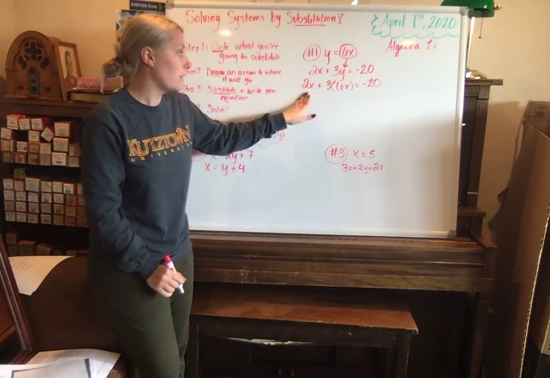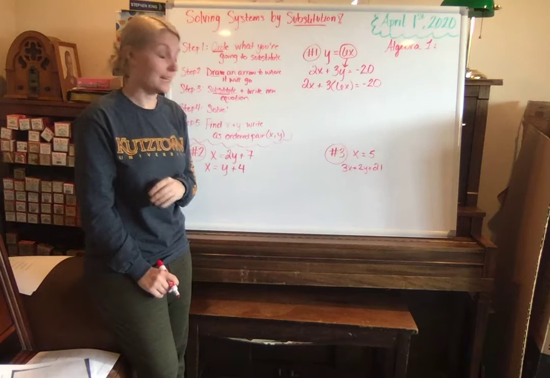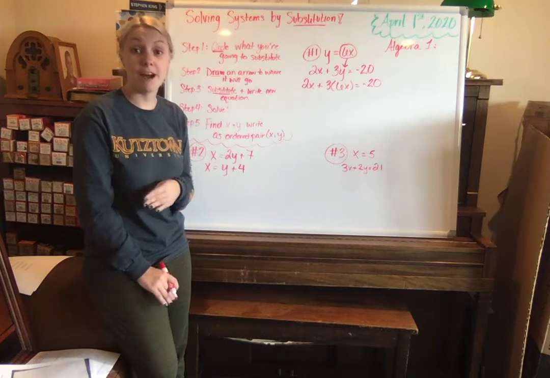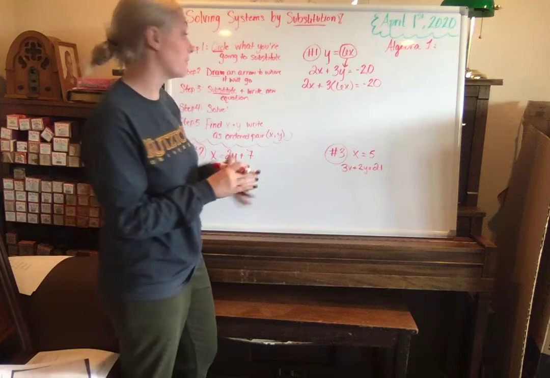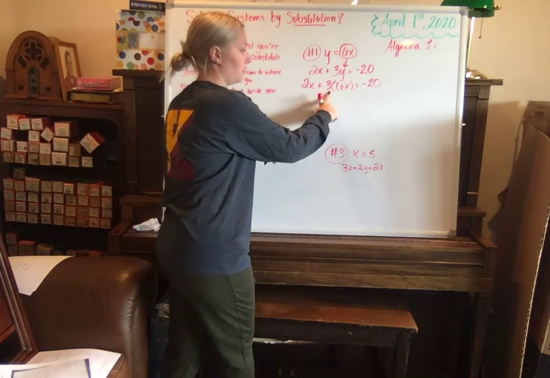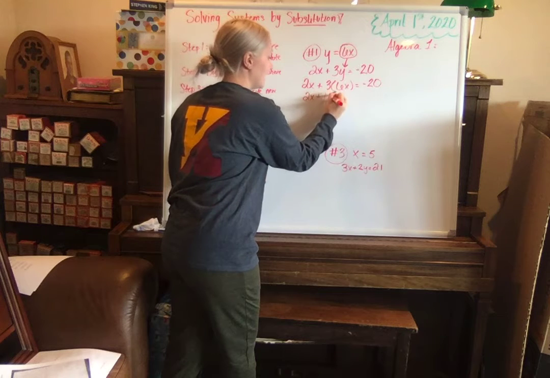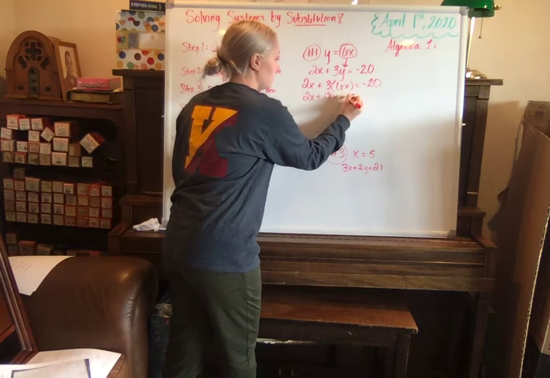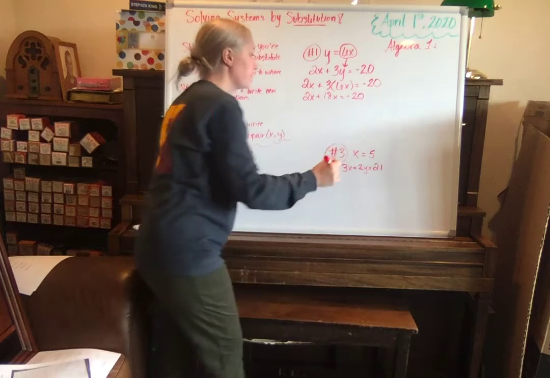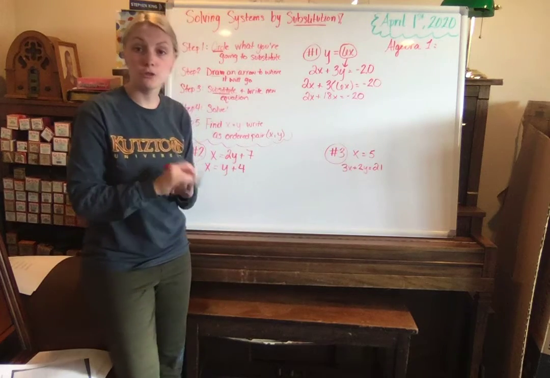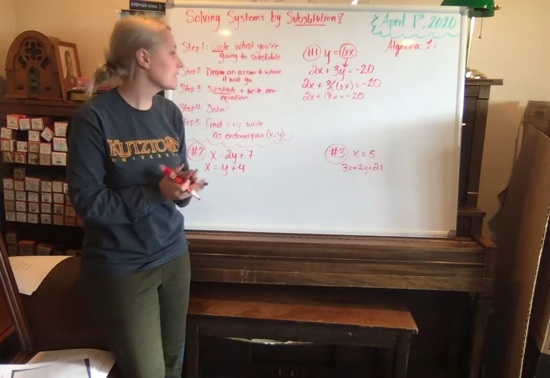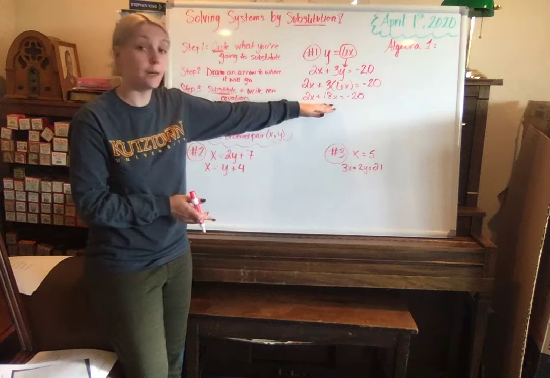Now we have all variables that look exactly the same, which is our goal. So now all we're going to do is simply solve for x. I'm going to start by doing the 3 times the 6. That's going to give me 2x plus 18x equals negative 20. Still just trying to get x completely by itself on the left. Now we're going to combine like terms.